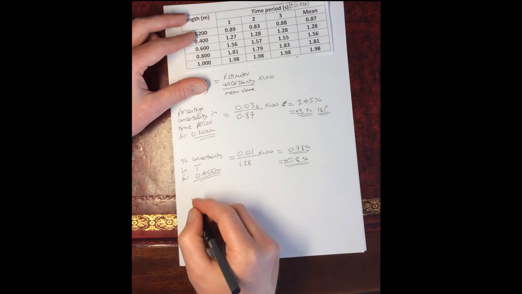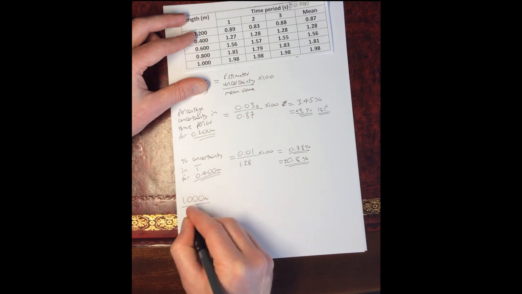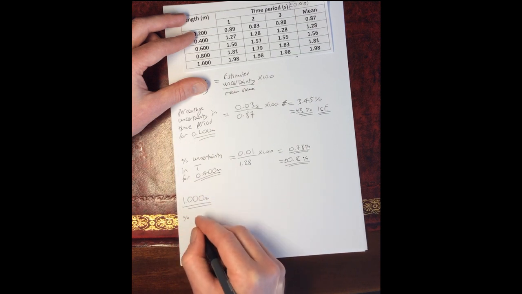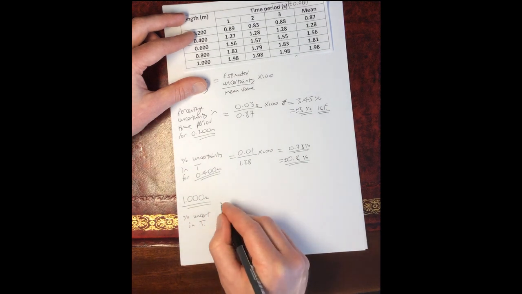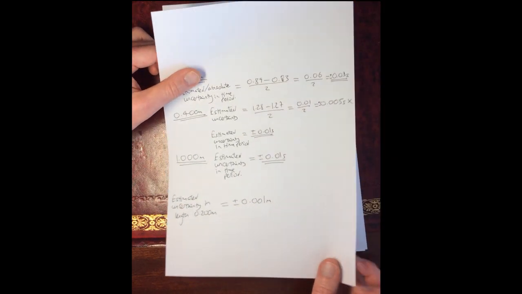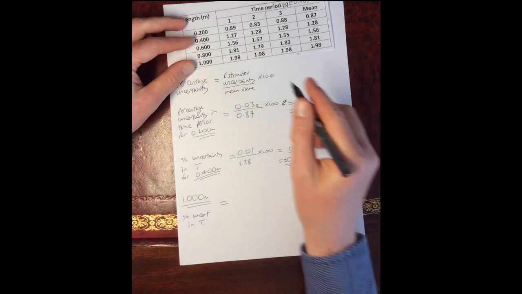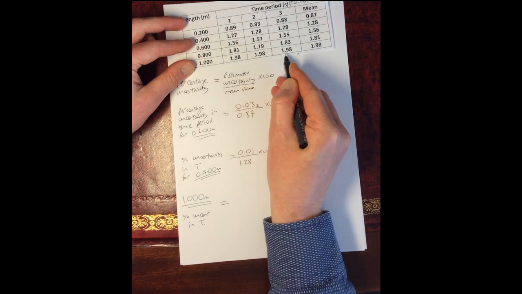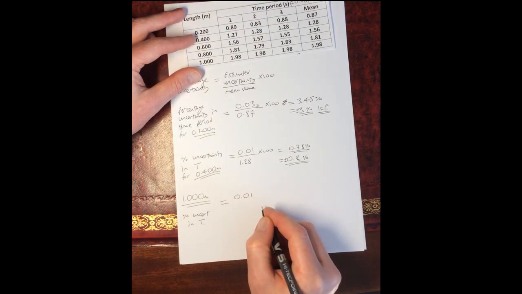One more then. If you do the one for the 1 meter value, okay, percentage uncertainty in T. Well, we know from earlier that the estimated uncertainty in my 1 meter value was the resolution, because there's no range, so the uncertainty in that time period was the resolution.